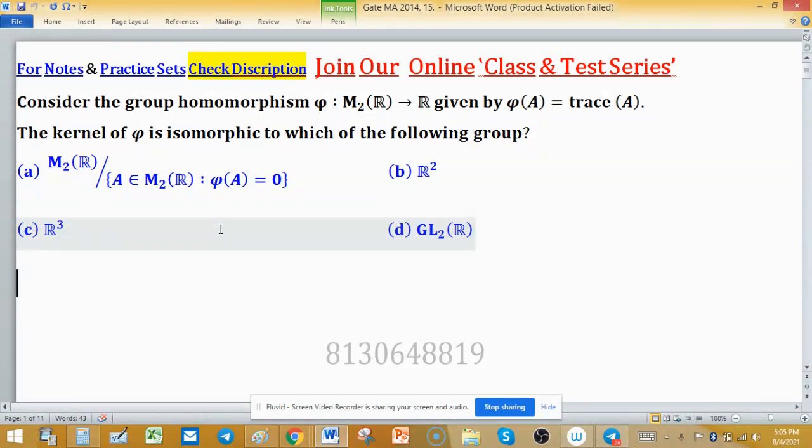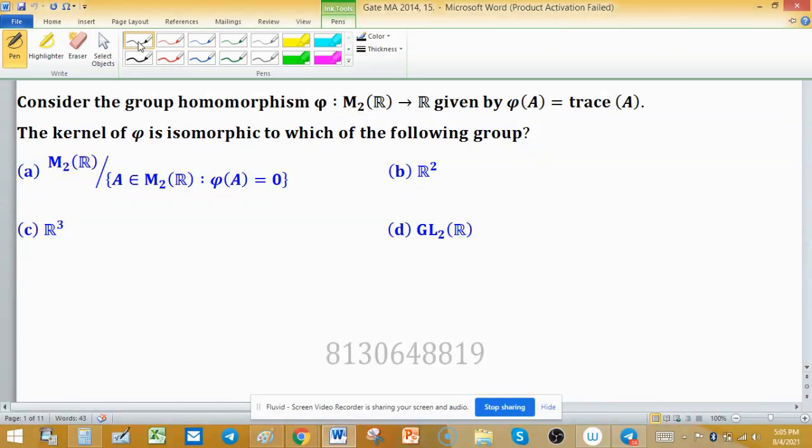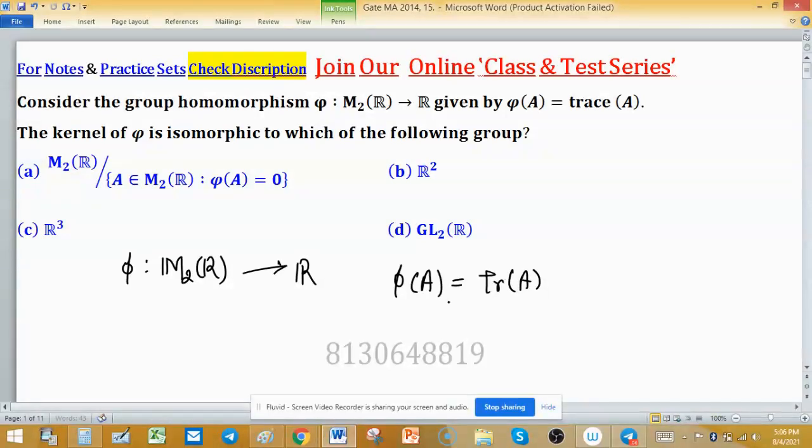As isomorphic groups have the same dimension, we can easily check the dimension. Phi is given from M2(R), all 2 by 2 matrices with real entries, to R, and phi is the trace of A.